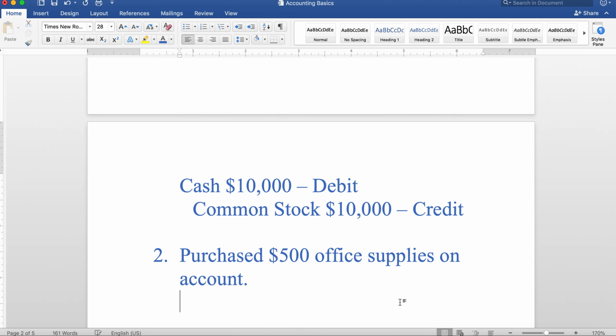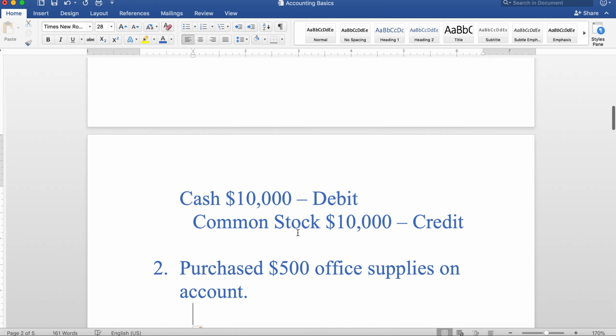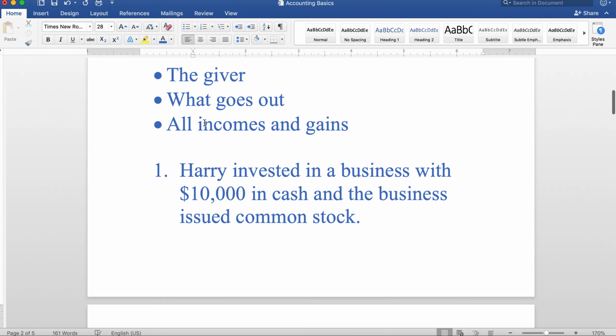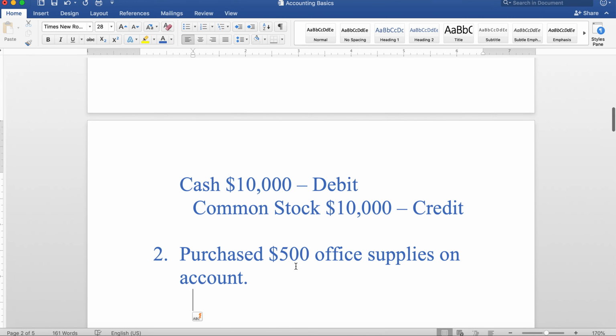If it says on account, that means we did not pay it. We need to pay in the future. So here, what came in? Let's look at the formula. What comes in is debit, the receiver. So what came to us is office supplies. So office supplies is a debit, which is $500.